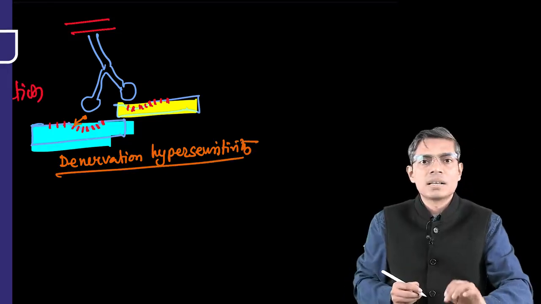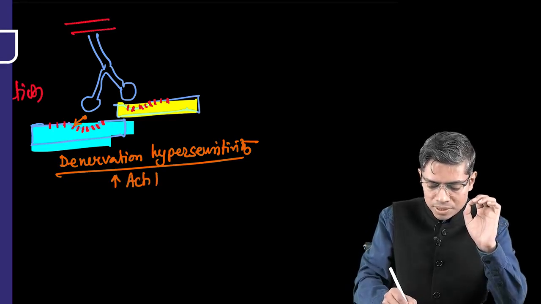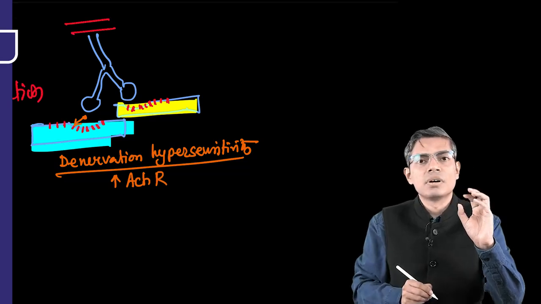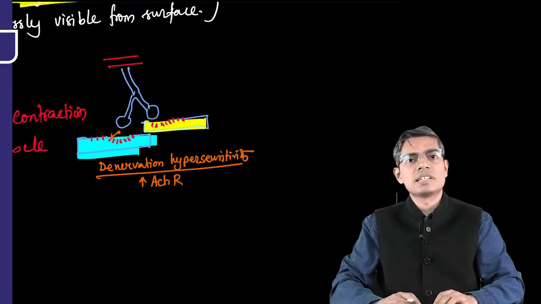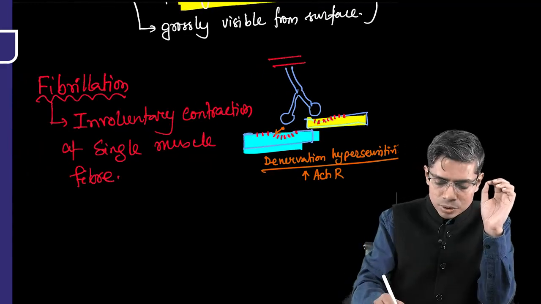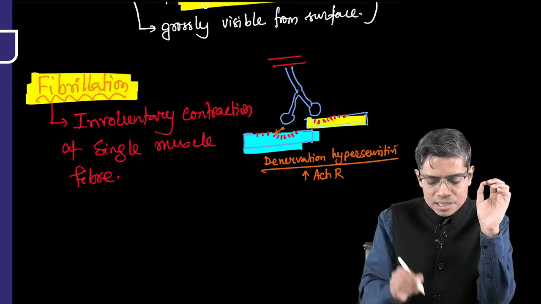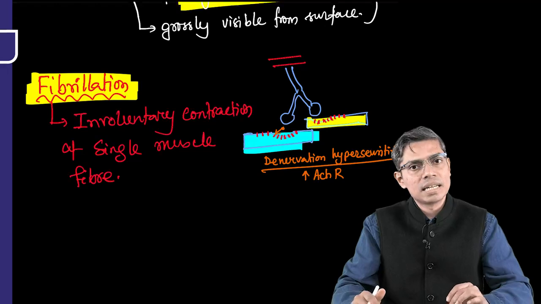So I can understand that denervation hypersensitivity is due to the increased number of AChR receptors on the surface of the muscle fiber. Because of this, even a single drop of acetylcholine released is going to cause contraction of the individual muscle fiber, and that is nothing but fibrillations. Getting my point?